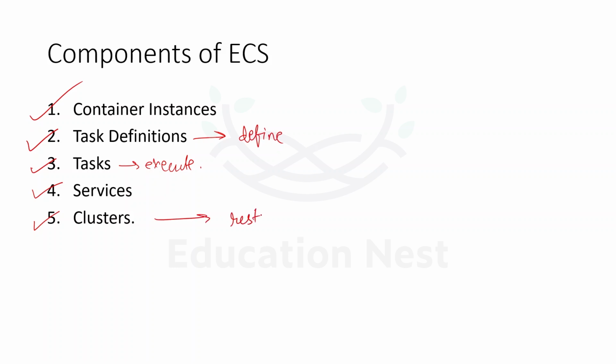So this can be understood as a restaurant where EC2 instances, the group of EC2 instances, can run a containerized application. Then we talked about task definitions. This was analogous to our recipe.